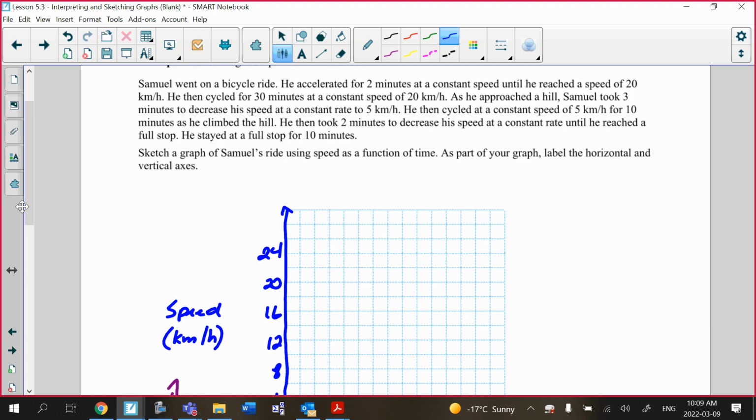Then another 3 minutes, so that's 35 minutes. Then another 10 minutes, so that's 45 minutes. Then another 2, so that's 47 minutes. And then a full stop for 10 minutes, so that's 57 minutes.